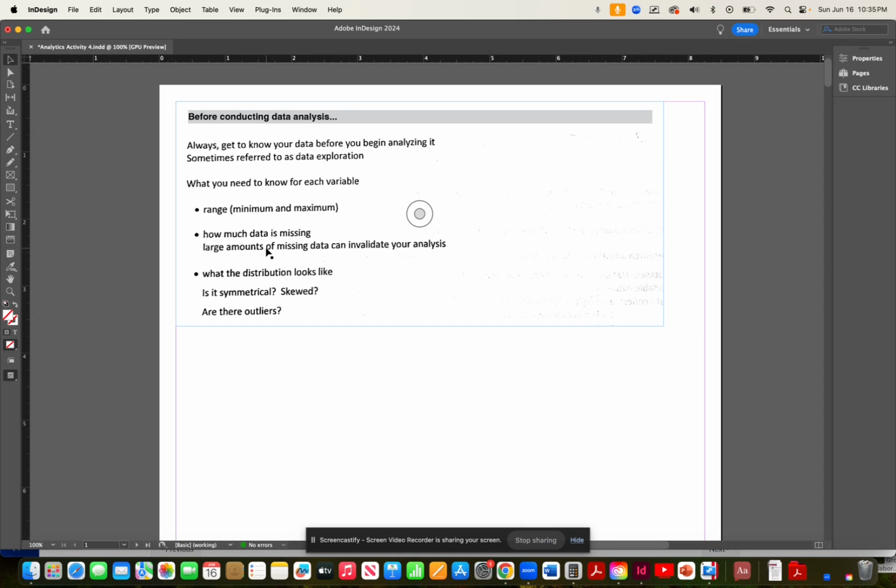Look at the smallest value, look at the highest value. That'll give us an idea of whether there might be any outliers, for example. Outliers would be data points that are unusual. Some might even say they're the weirdo cases. Depending on what you're studying, there might be data points that don't make sense.